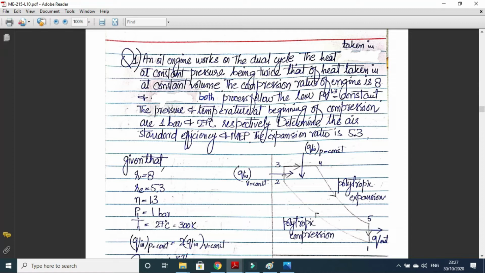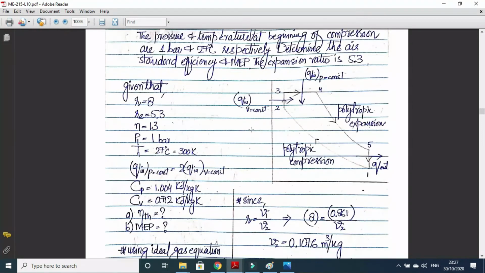The compression ratio of the engine is 8 and both processes follow the law PV to the power 1.3 constant. So this is a polytropic process with a polytropic constant of 1.3. The pressure and temperature at the beginning of compression are 1 bar and 27 degrees Celsius. Determine the air standard efficiency and the mean effective pressure. The expansion ratio is 5.3.